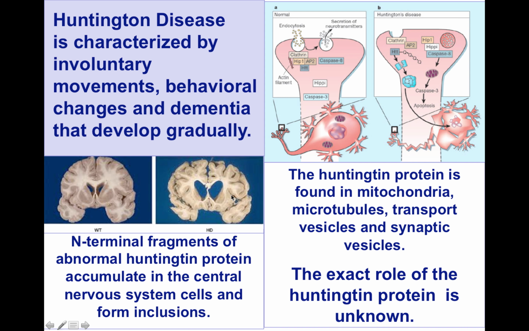This is what a brain looks like from an individual who has Huntington's disease. You can see the neurodegeneration, these large gaps, and the atrophy of the brain tissue. N-terminal fragments of abnormal Huntington protein accumulate in the CNS and form inclusions, and that is usually an indication that the neural tissue is dying off.